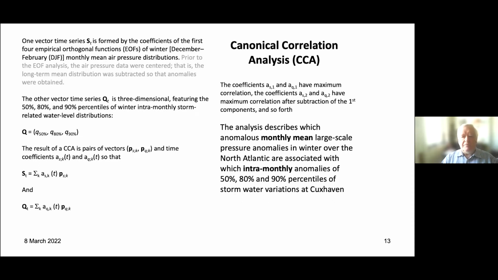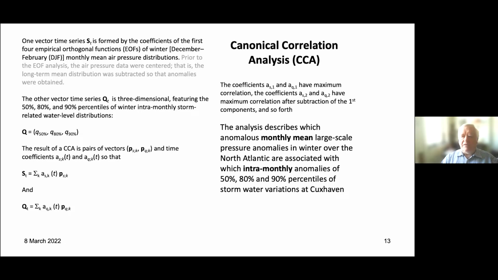And one set of vectors here is S, that are the coefficients of the first four empirical orthogonal functions of winter. So we are using winter monthly mean air pressure distributions. So we use as predictors the monthly mean fields of air pressure.